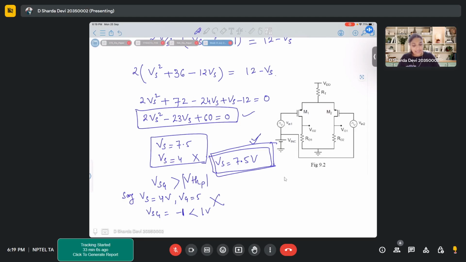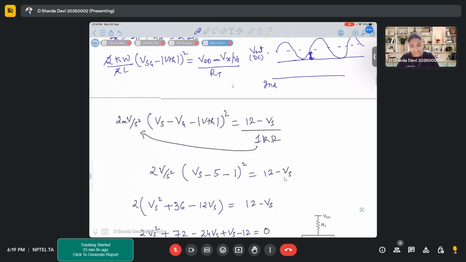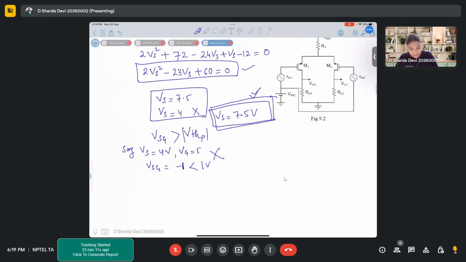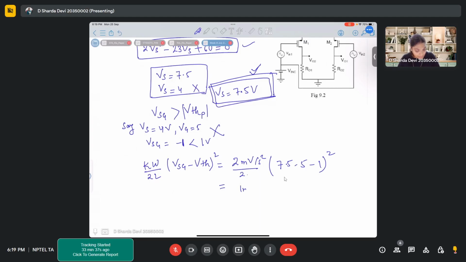So with this answer, we'll find the current. So the current is kW by 2L, VSG minus VTH whole square, that is 2 milliamperes per volt square by 2 into 7.5 minus 5 minus 1 whole square, that is 1.5 square.